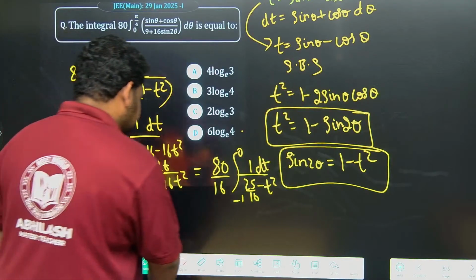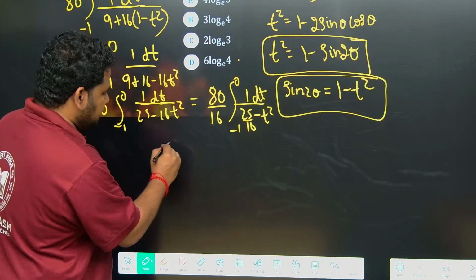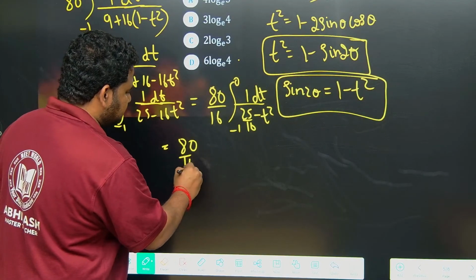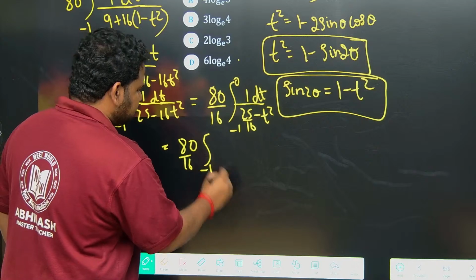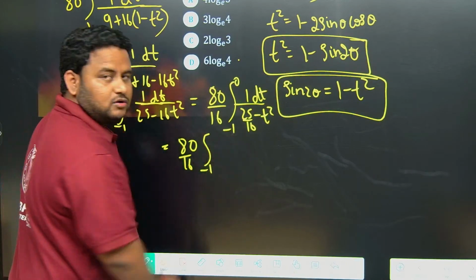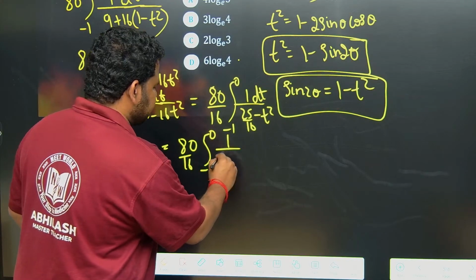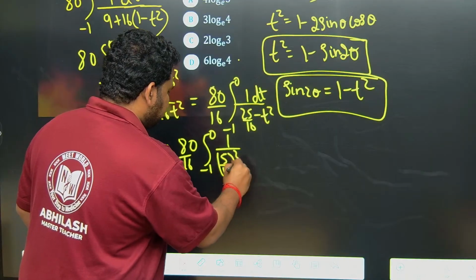Now, on simplifying this to the form I want, I can write this as 80 by 16 into the integral from minus 1 to 0. 25 by 16 I can write as (5 by 4) whole square minus t^2.